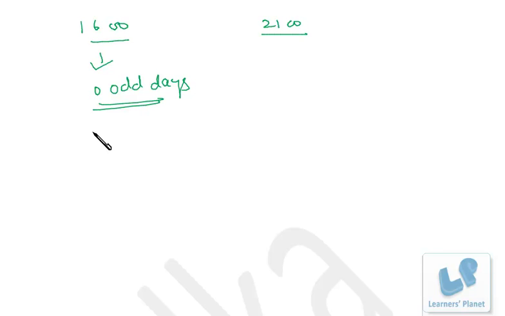Now if we talk about the next 100 years, that means 1700. So what we have to do, we have to calculate the number of odd days in 100 years. Now here comes the important fact that in 100 years, if you straight divide by 4, you'll be getting 25 leap years and 75 non-leap years.